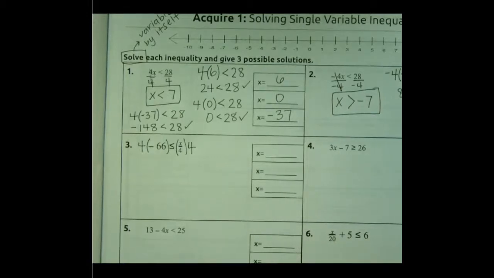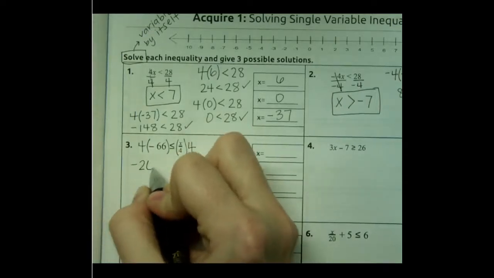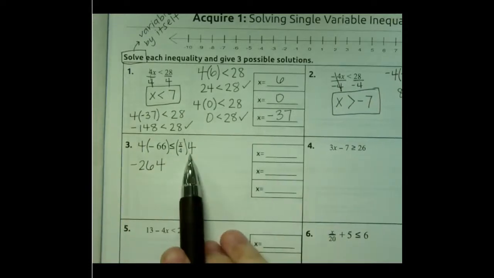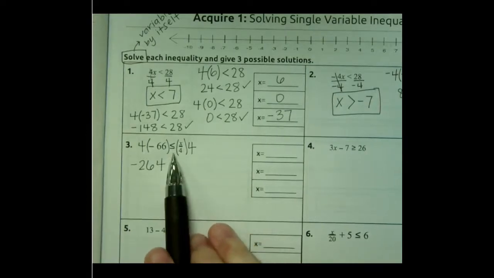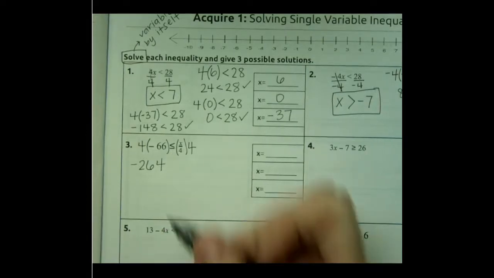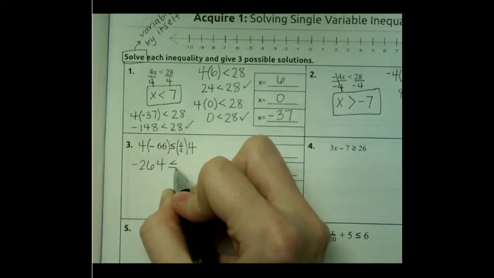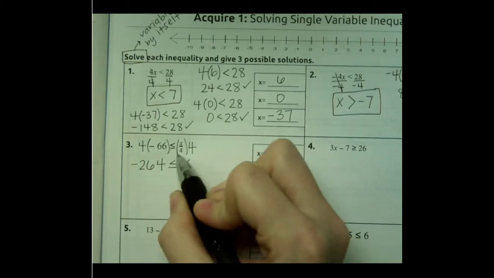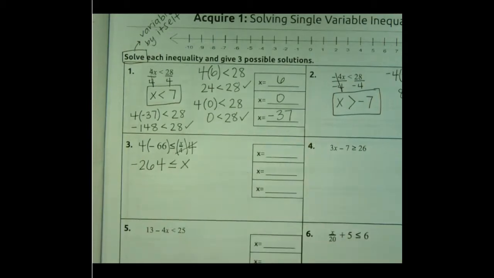Now you're just simplifying. So 4 times negative 66 is negative 264. Did we multiply by a negative or a positive? We multiplied by a positive, so our symbol stays the same. So less than or equal to x, because we had 4 and a divided by 4.